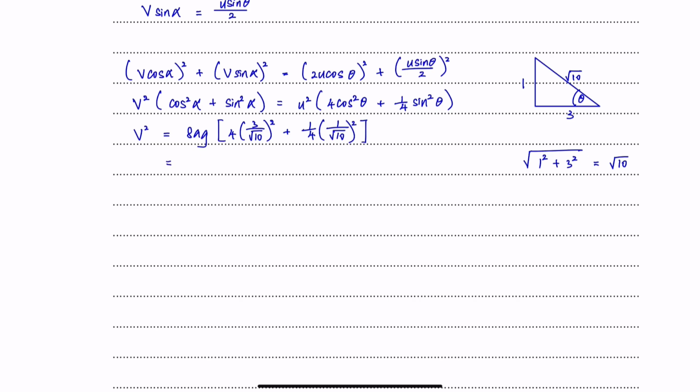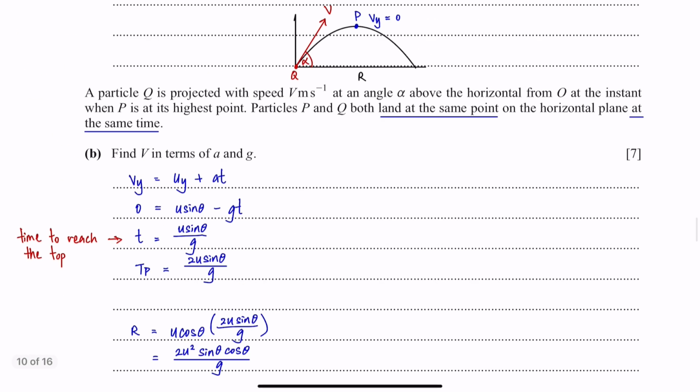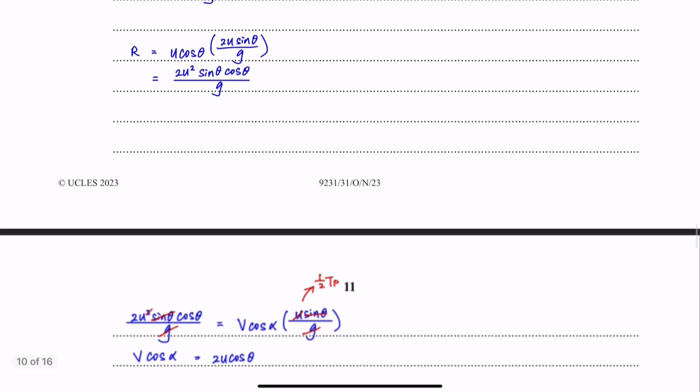So the right hand side would now be 29ag. So v would be root 29ag, because v is a speed, so speed cannot be a negative value, and we cannot accept negative root 29ag.